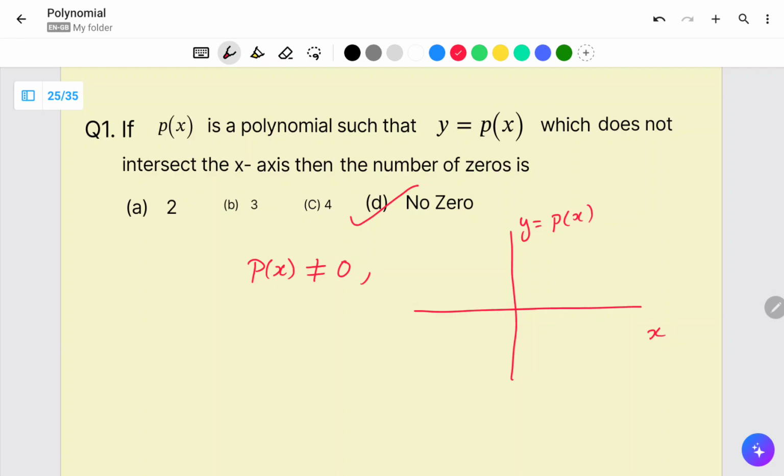If you draw the graph of the polynomial p(x) as a function of x, this p(x), let's say, does not intersect the x-axis. So therefore, there are no values of x for which p(x) is 0. So if that is the case, then the correct option is option D, no zeros.